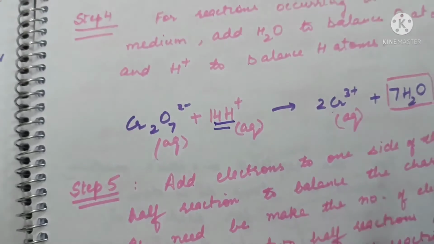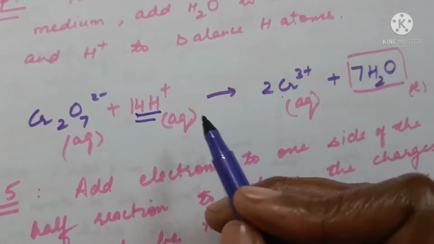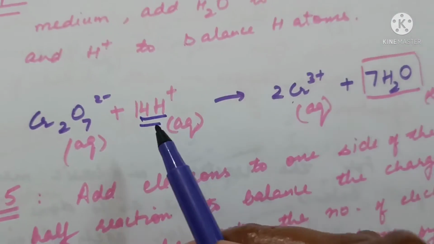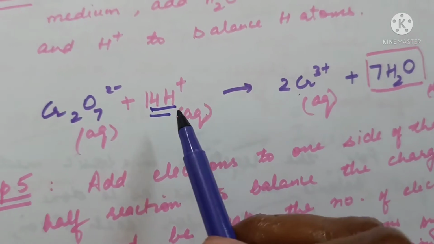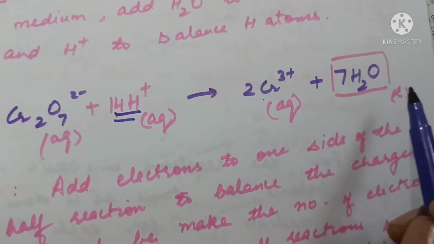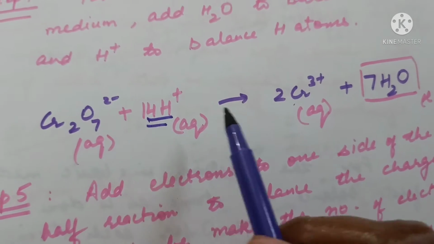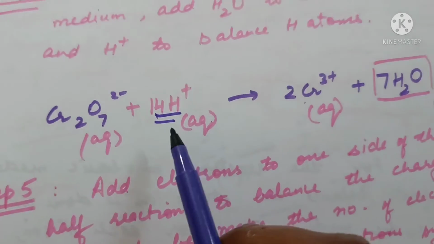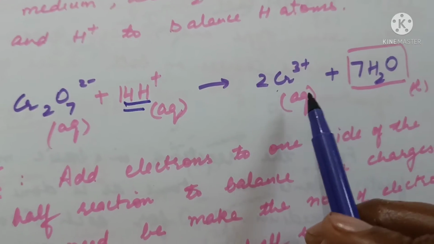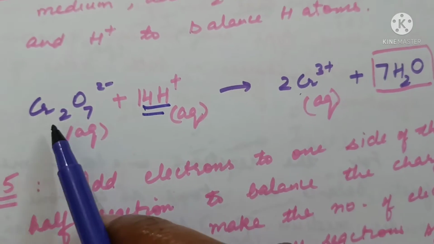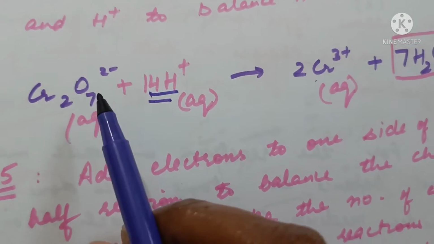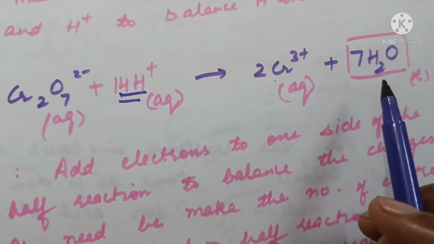For acidic medium, we add hydrogen ions to the side lacking in hydrogen after we have added water to the other end. So the equation becomes dichromate ions plus 14 H+ ions forms chromium ions and 7 water. Now the number of atoms of chromium, oxygen and hydrogen are balanced.